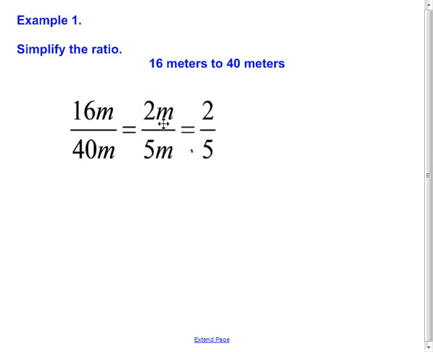So 2 meters over 5 meters, meters over meters cancels out, and we get the simplified ratio of 2/5, or 2 to 5. Either way, they're all equivalent.